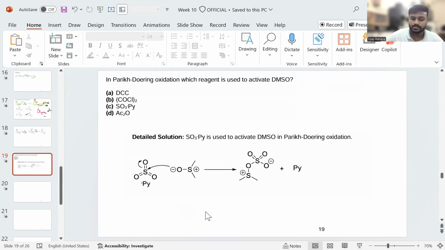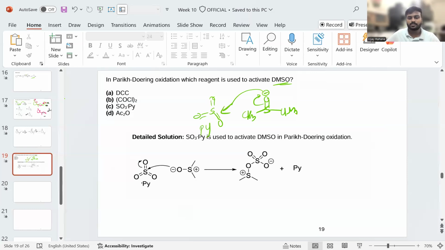If you look at the mechanism of this one, DMSO activation, that's CH3 S double bond O CH3, and the S double bond O goes here, it forms a negative charge, and then it attacks on the SO3 pyridine.